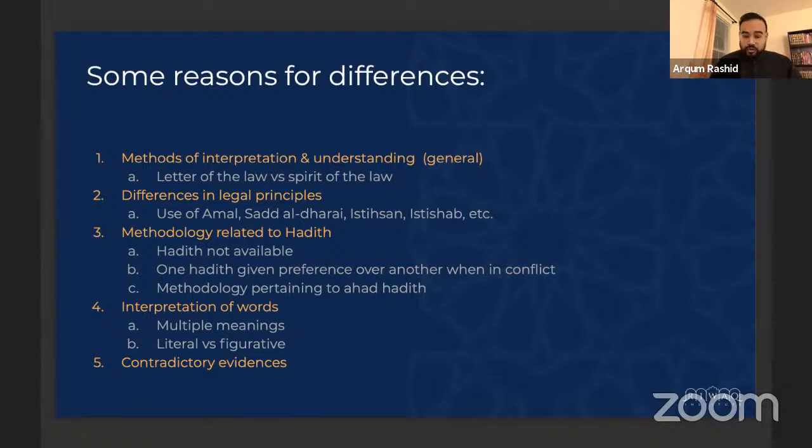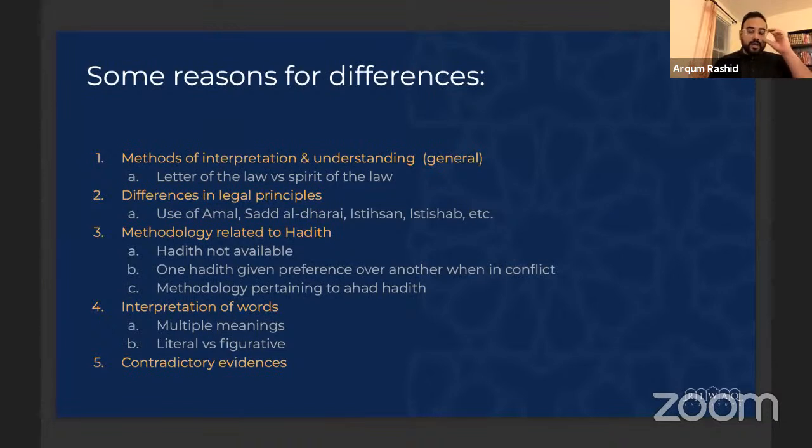It is true that there are times where a hadith might not reach certain scholars. Without a doubt, that's obviously a possibility, and that's one of the reasons why there might be differences. However, that's not the underlying cause. That's not the major cause of why there's differences. That's one of many reasons, and it's not even a major reason.